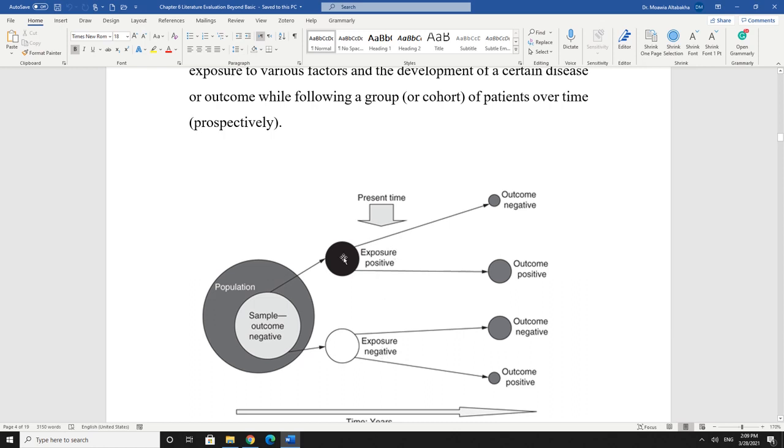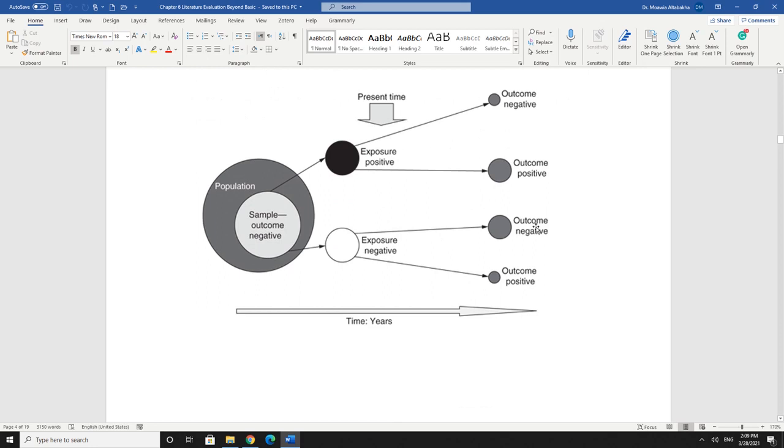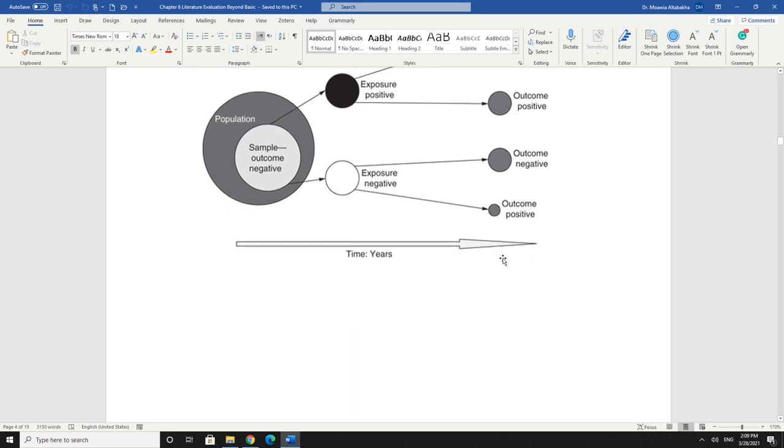Then I will follow them with time, and maybe after 10 years I will see how many of those pharmacists do not have cancer, how many have cancer, and the same thing here, how many do not have cancer, and how many pharmacists have cancer. So I will get something like that.